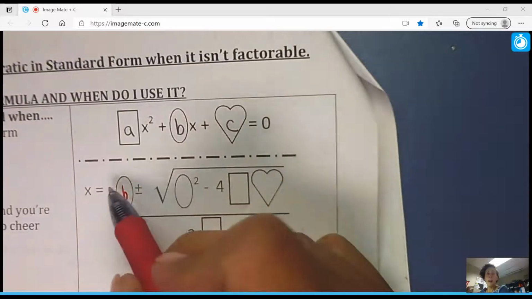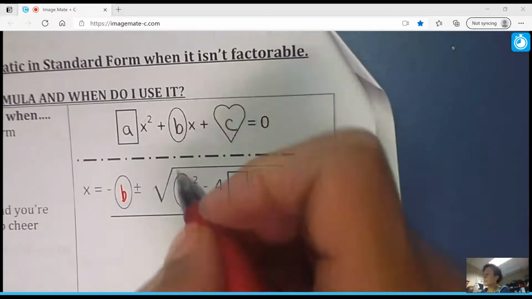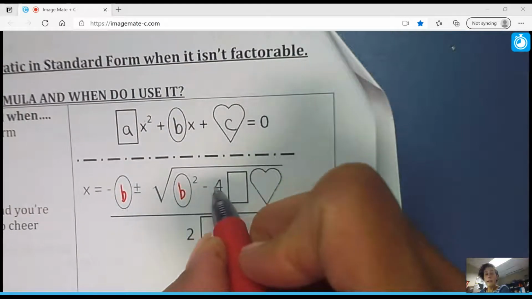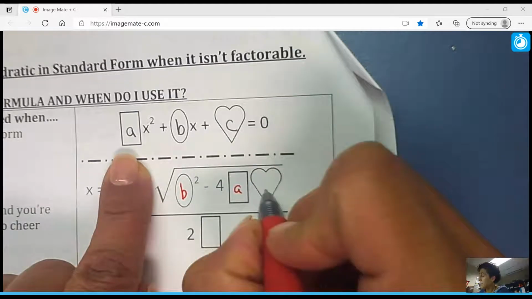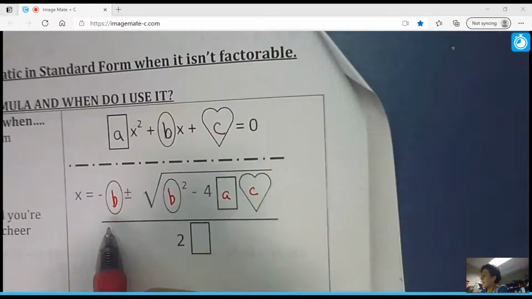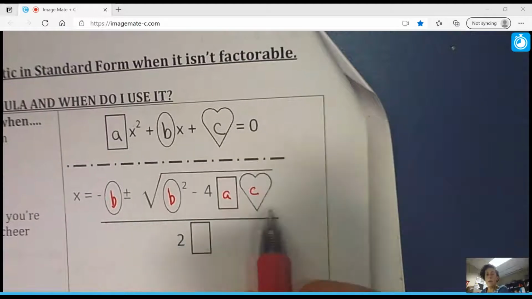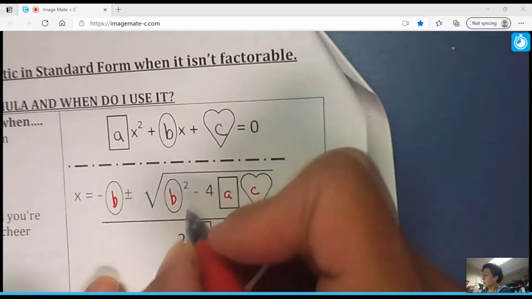So it'll be opposite of b plus or minus a big square root, and in that square root you take b and square it, and then subtract 4 times the rectangle, which is a, times the heart, which is c, and then all of it, not just the radical part, is divided by 2 times the rectangle, so 2 times a.